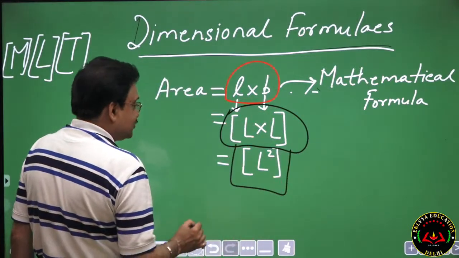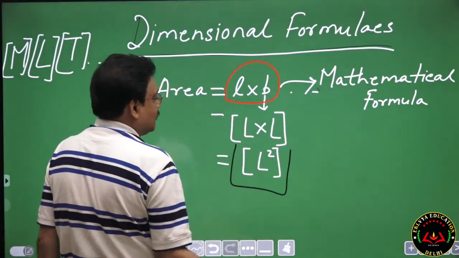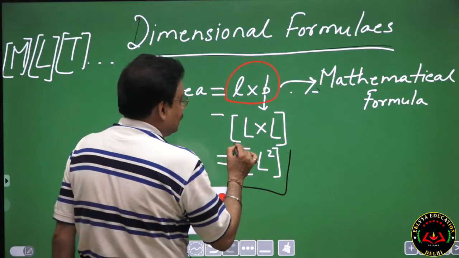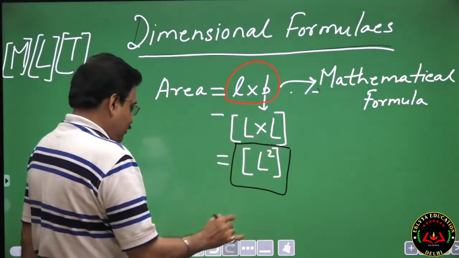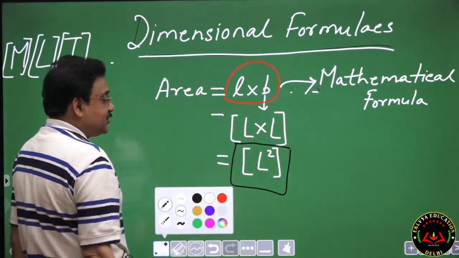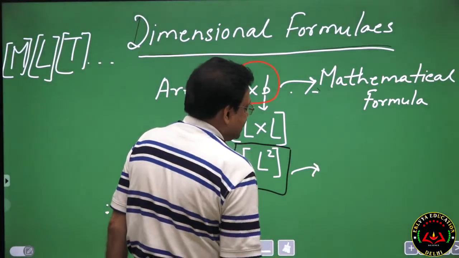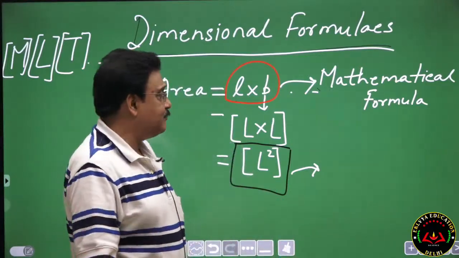This is not that dimensional formula. This is the mathematical formula. So two formulas are given to you. One is a dimensional formula, another one is a mathematical formula. So this is the dimensional formula. So on and so forth, we can do many more.